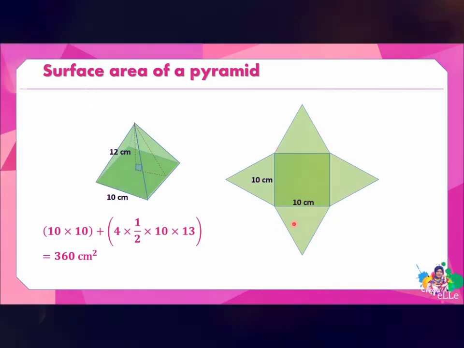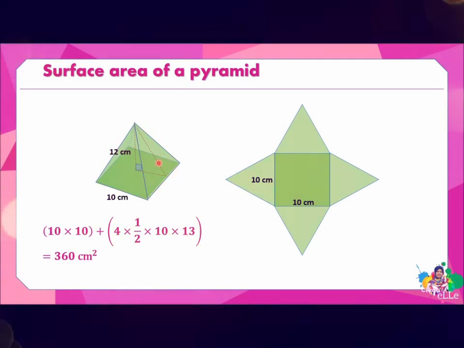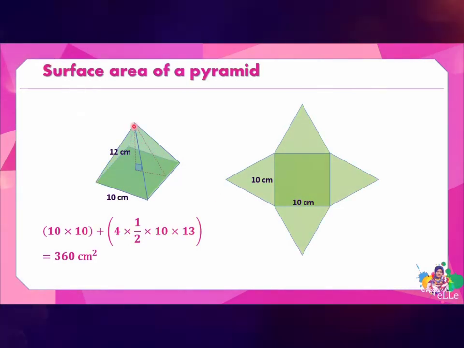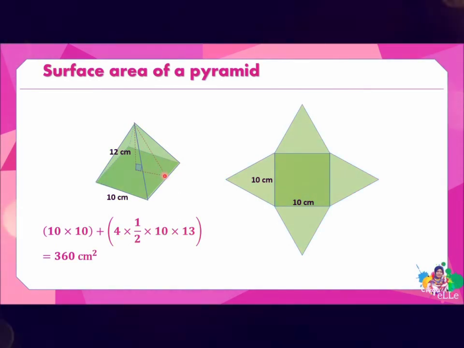To find the area of the triangle, you have to find the slanting length.